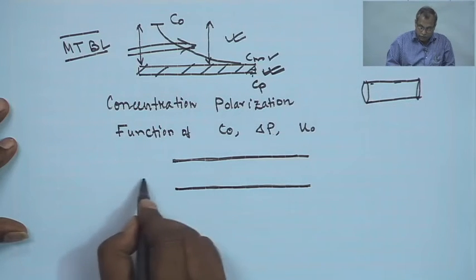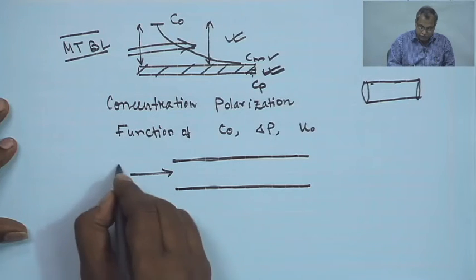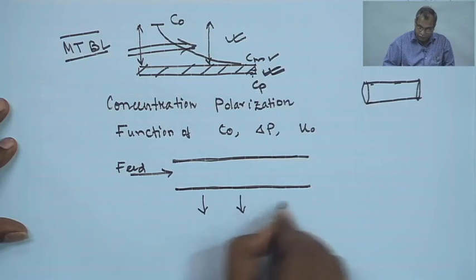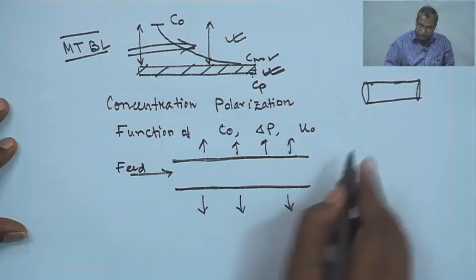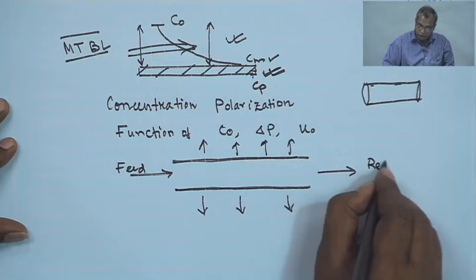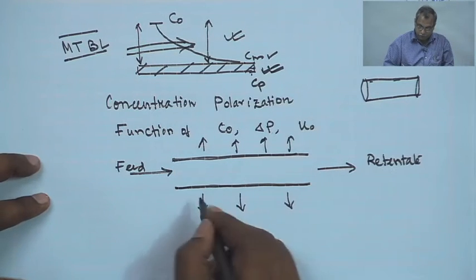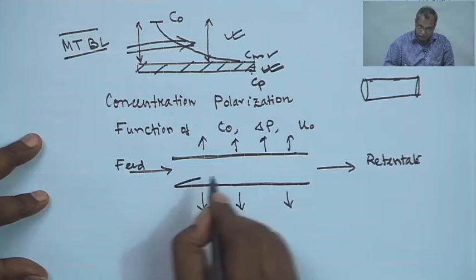Now, we are pumping the fluid or the feed in the membrane channel like this, and the filtrate or the permeate comes out from the wall, and the retentate goes out from the module. So, there will be a formation of mass transfer boundary layer over the membrane surface.